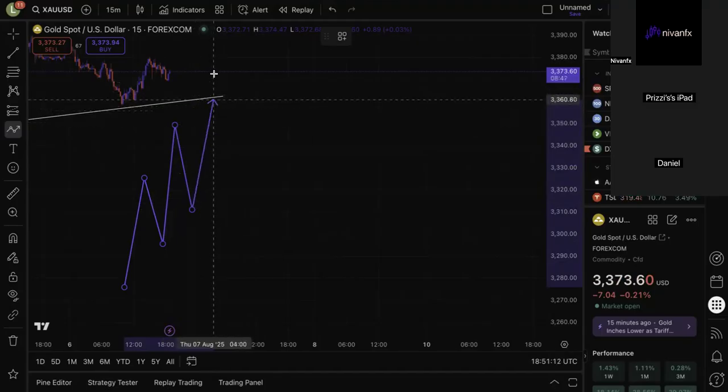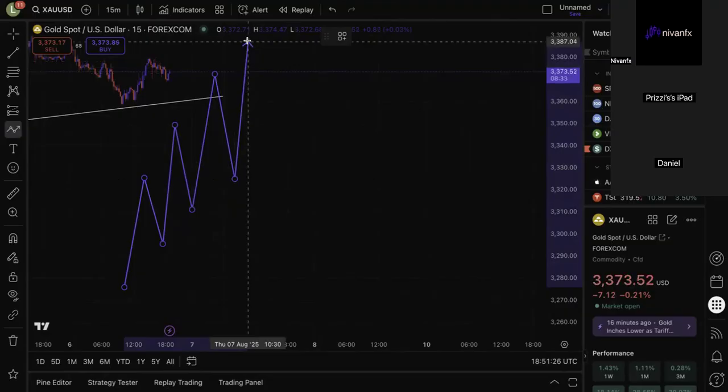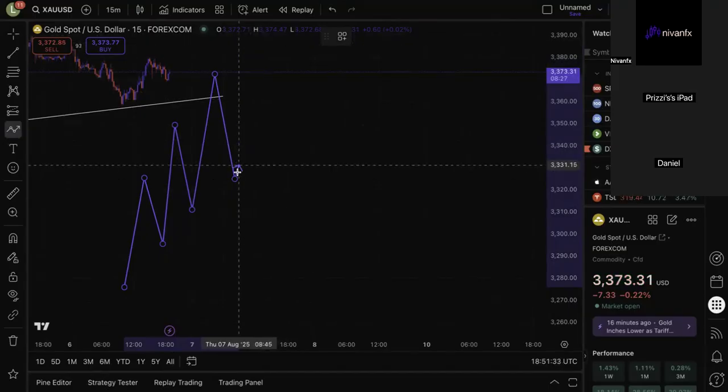We cannot be buying when price is up. We want to be buying when price is at the lowest point possible, creating a higher low to buy for it to create a higher high. So we don't buy at a higher high, we buy at a higher low. That's the lowest point of the market.